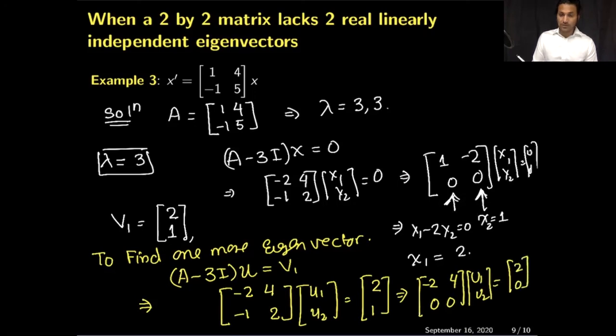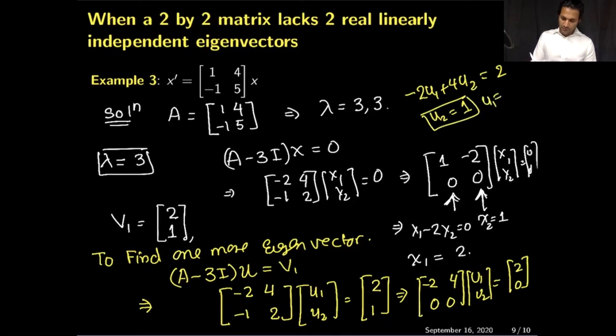This system of linear equations has infinitely many solutions. If I multiply it out, it gives negative 2 u1 plus 4 times u2 equals 2. Since u2, the second column, is a free column, I can choose u2 equal to, suppose, 1, and calculate u1.